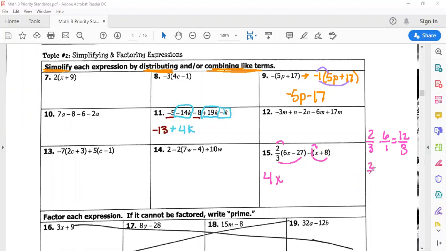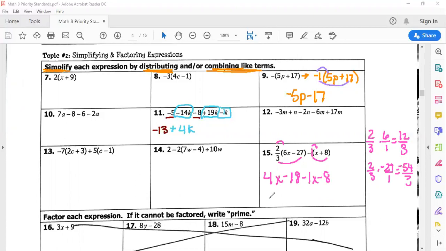So if we do this, we get -54/3. That's our -18. And then we have -1 times x is -1x. And then -1 times 8, which is -8. That's just distributive property.